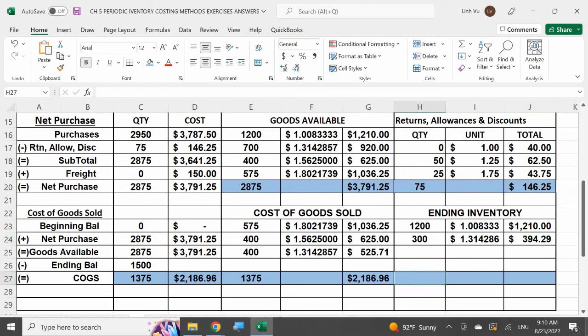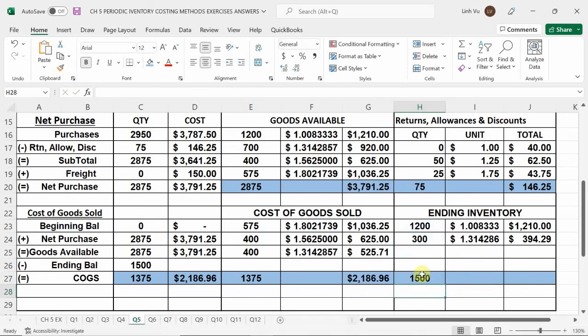Okay, so if I go ahead and do my equal sum here, I should have a grand total of 1,500 units at a grand total cost of $1,604.29.